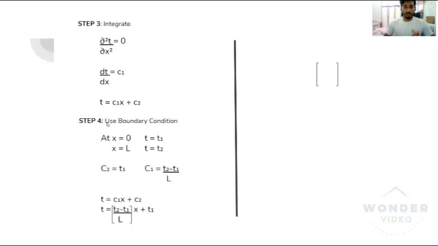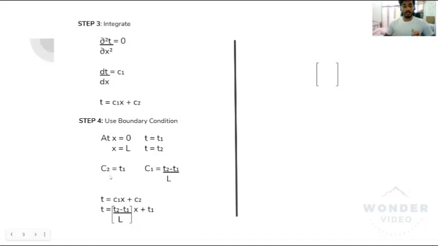Then we use the boundary conditions to get T in terms of T1 and T2. First, at x equals 0, T equals T1, and at x equals L, where L is the thickness of the wall, T equals T2.